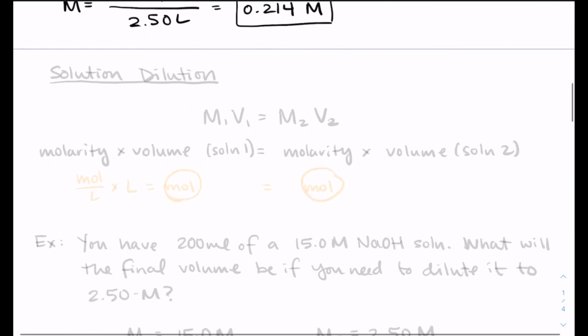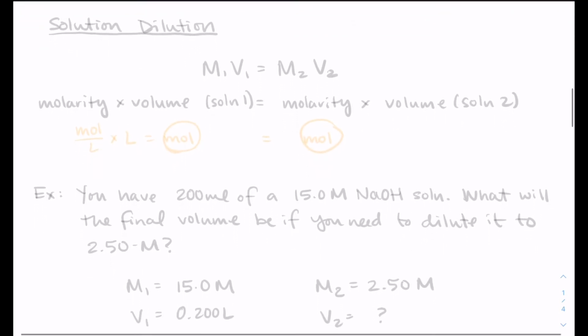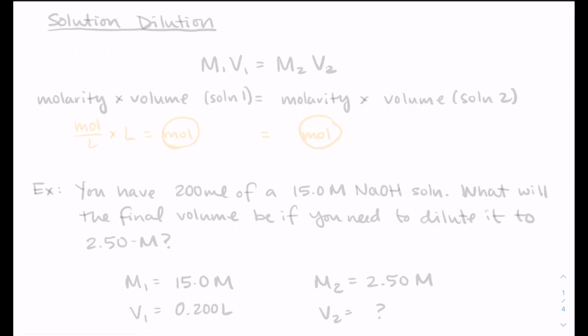Now, when we have solutions, we don't always store them as the concentration that we need. So for the example we just did, the 0.214 molar, that's a fairly dilute solution.